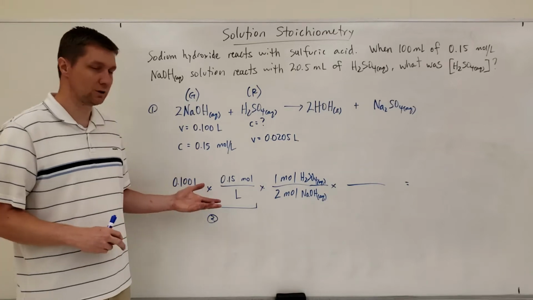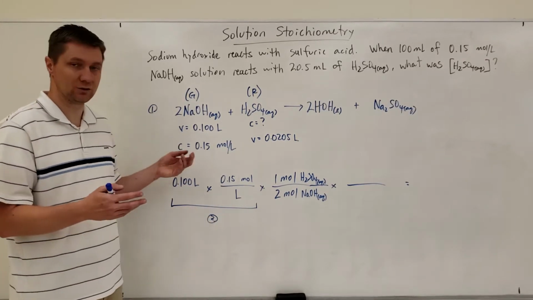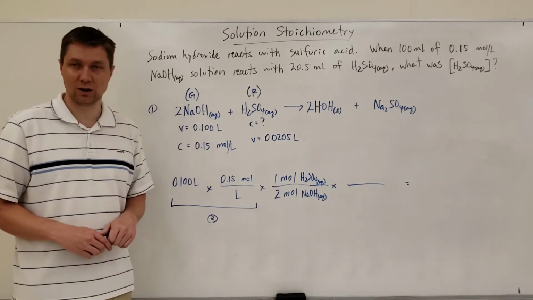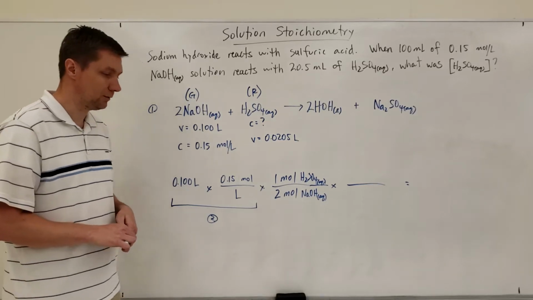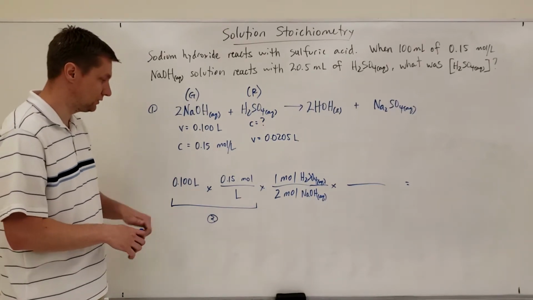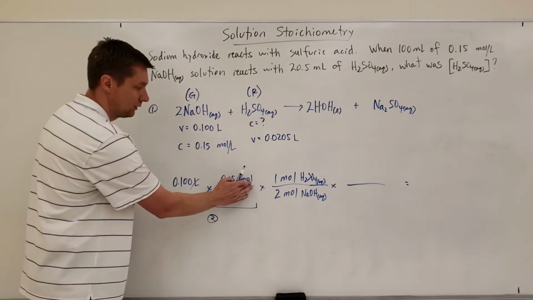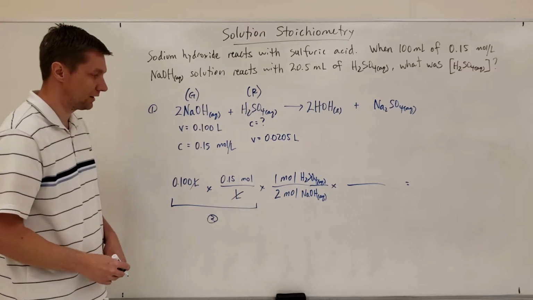For solution stoichiometry, I could use a mass and a molar mass if it gives it to me. In this question it doesn't, so in this case I'm going to use liters and moles per liter to get my moles of my given. And so in this case you can see again, liters cancel with liters. I'm left with moles of my given, which is moles of sodium hydroxide.